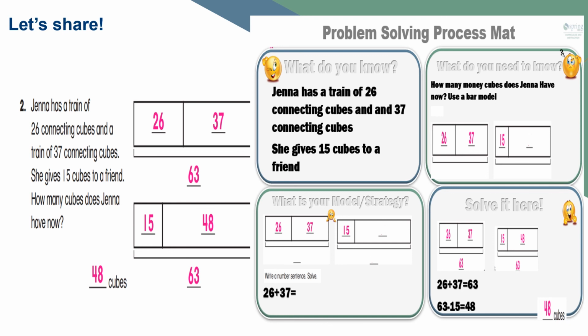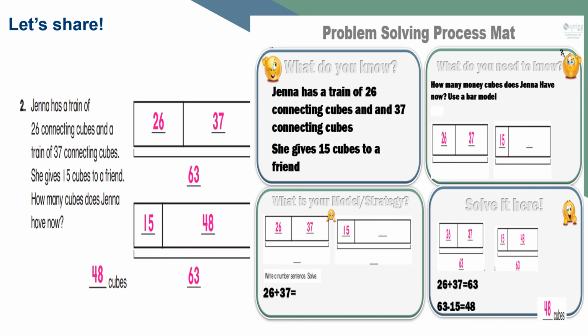At the bottom, I know the total is 63 now, but then she gave 15 away. So in box number 3, I have to figure out how much she gave away. So in box 4, I need to solve it. I need to solve 63 because that's how much she had altogether, but then she gave 15 to a friend, and we have to figure out what's left.